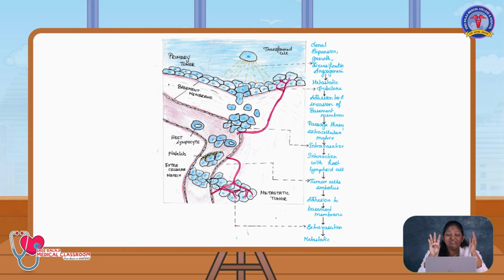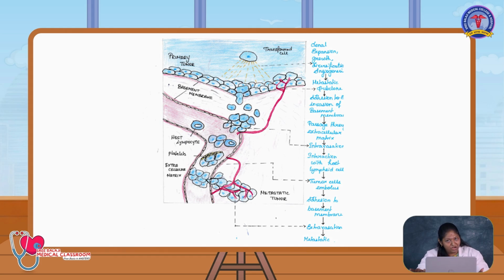The 4th point is degradation of the extracellular matrix with the help of collagenase, elastinase and metalloproteinases. Then entry of tumor cells into the blood vessels, thrombus formation, extravasation and secondary mass deposits, or the metastasis, with the help of other growth factors for them to lodge. So, with this, the 5 major points of differentiation of benign and malignant is what is covered.